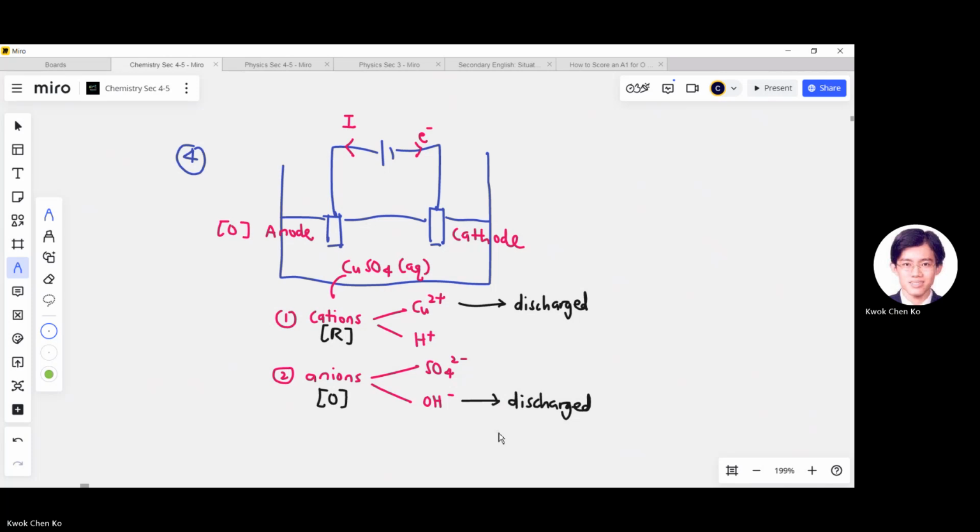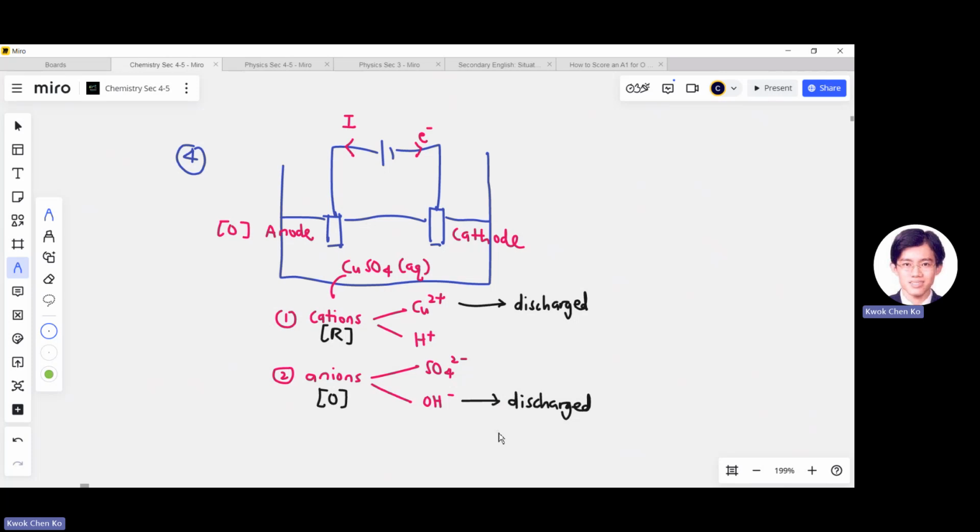Ethan, done? Still doing. Okay. This one should be quite straightforward. There are no special conditions. Copper 2 plus should be discharged. Hopefully you have identified it correctly. OH minus should be the one discharged.